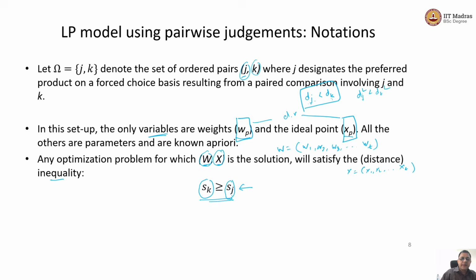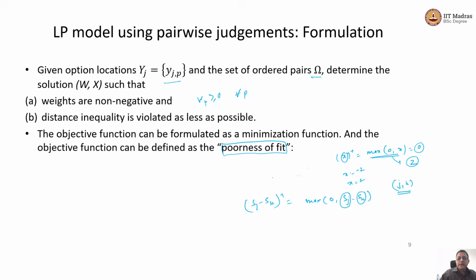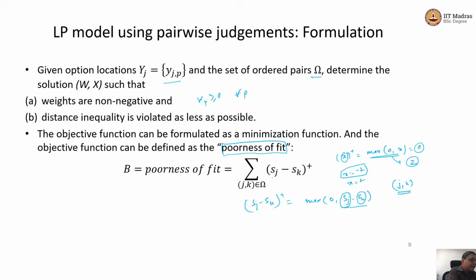Why do we want it to be negative? Because we know that Sj has to be less than or equal to Sk. Therefore, we want this Sj minus Sk to be negative. Now you know that if x is negative 2, then the max value should be 0.